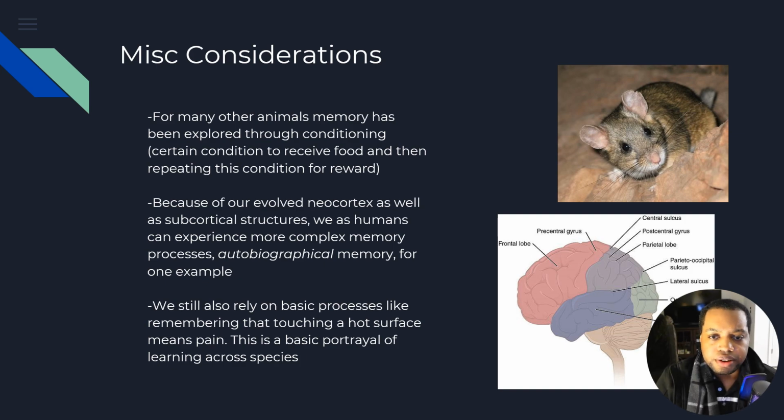So their memories are, I would say, more simple, if that is a term that's appropriate. But of course, we can still rely on the basic principles of things like being conditioned for something, as I mentioned, like touching a hot surface. It's a pretty basic portrayal of learning across species.